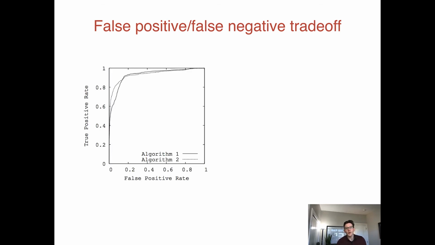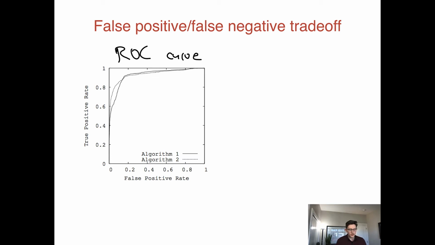So one common way of displaying this is using an ROC curve. It stands for receiver operating characteristic, for whatever reason. So this shows how our true positive rate, that is the number of things we correctly classify as positive, is a function of our false positive rate.